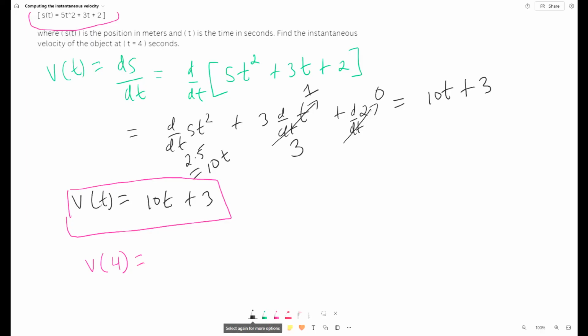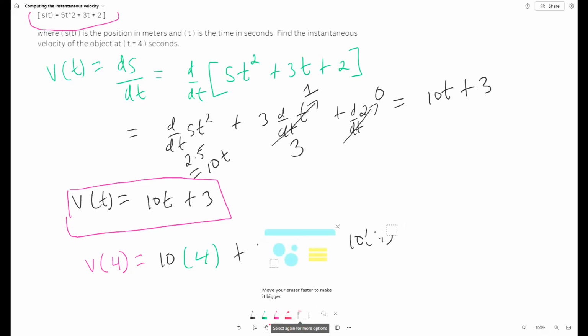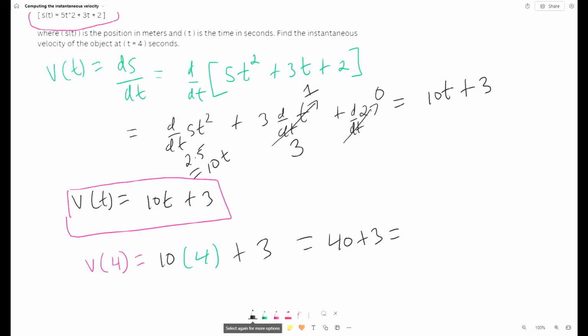So that's equal to 10 times 4 plus 3. That's 40 plus 3, which is equal to 43.